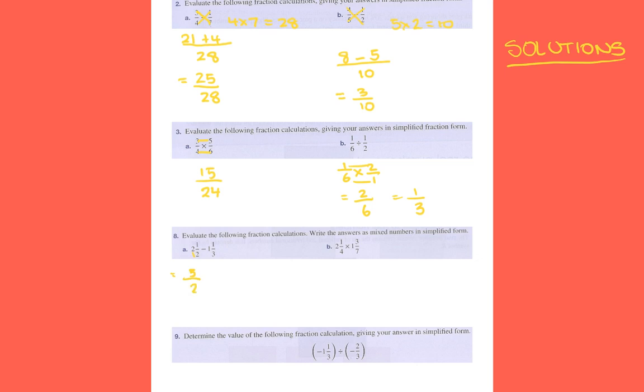Now we need to change this to an improper fraction. 2 times 2 plus 1. 1 times 3 plus 1.